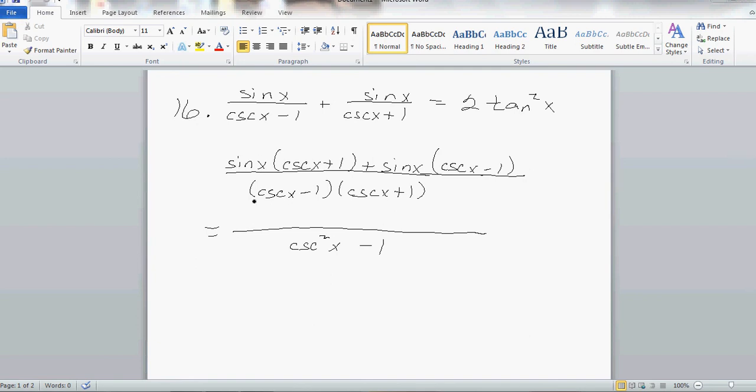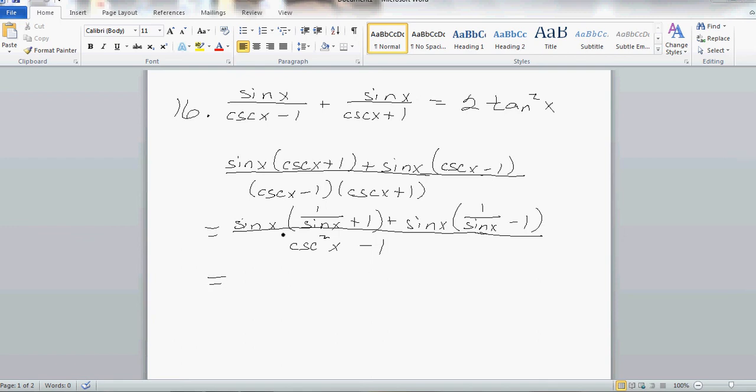So we get sine x times cosecant x, or another way to look at this is the sine of x times 1 over sine x plus 1 plus sine x times 1 over sine x minus 1.